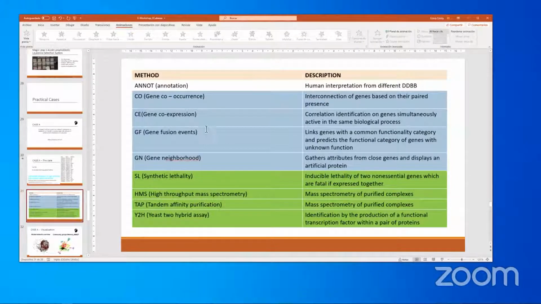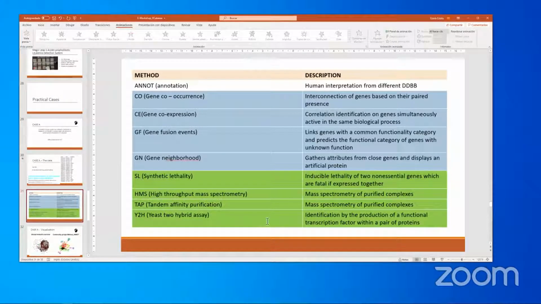Then they used 4 types of in silico approaches, which are interconnection of genes based on their paired presence, correlation identification on genes simultaneously active in the same biological projects, linked genes with a common functionality category and prediction of the functional category of genes with unknown function, and gathering attributes from cloned genes and displays in artificial proteins.